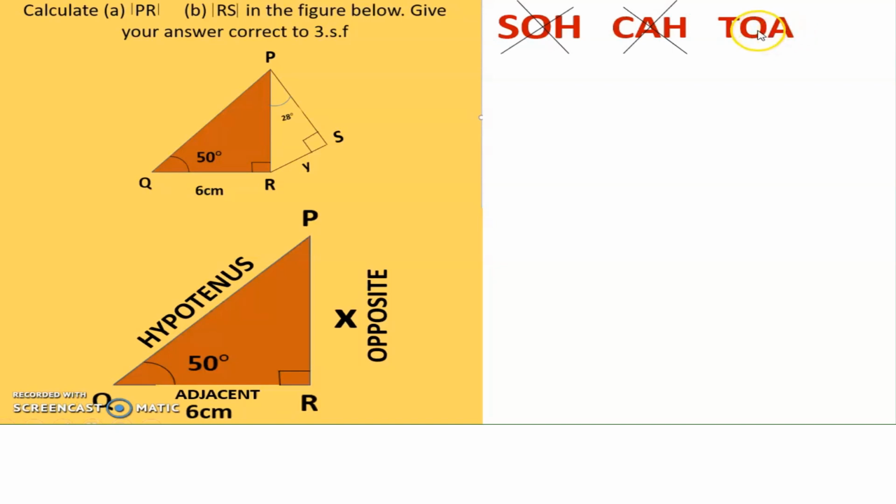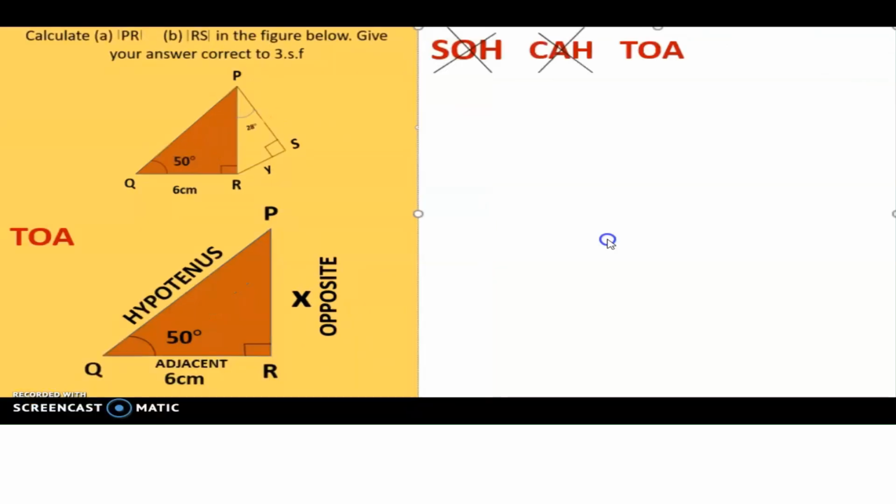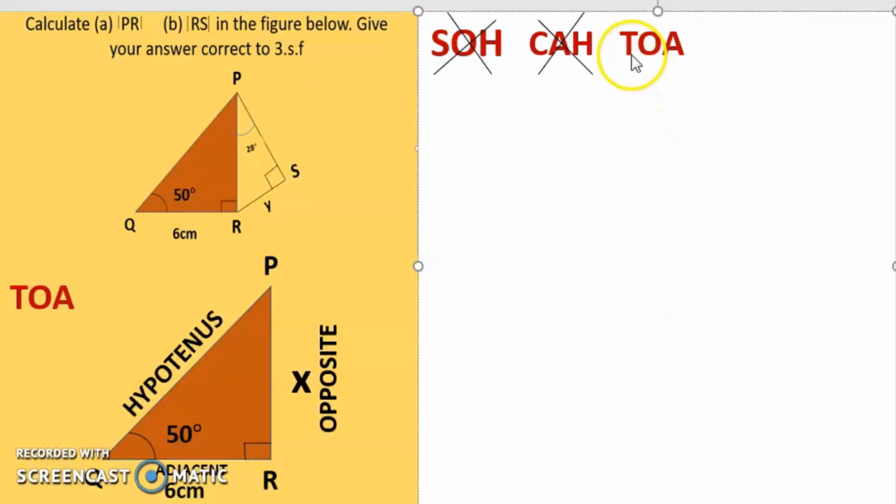Opposite is what we are looking for. We know our adjacent to be 6 centimeters and we know our angle to be 50 degrees. Since we have known 2 out of these 3 parameters, we are going to use that to solve the problem. Since we are using the toa, it becomes tan.